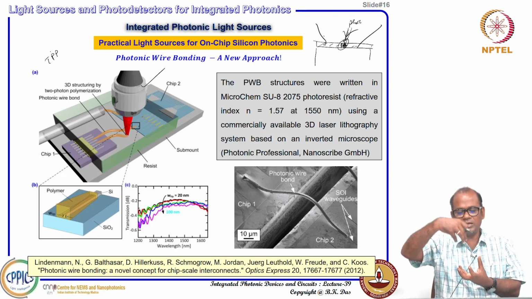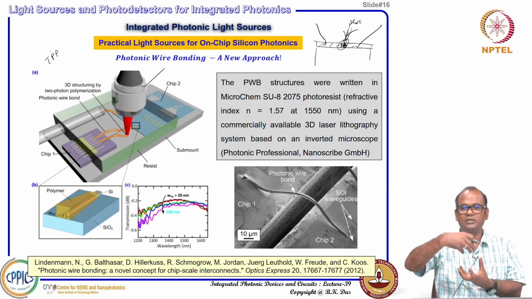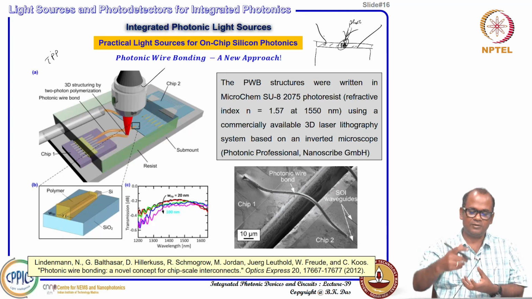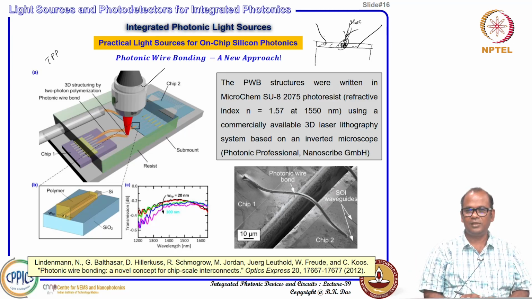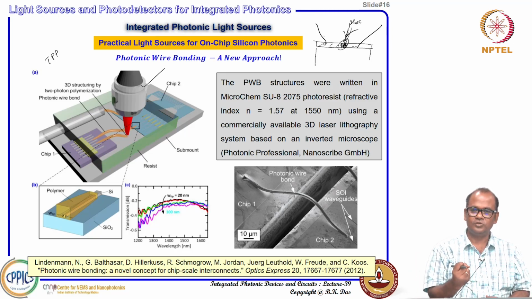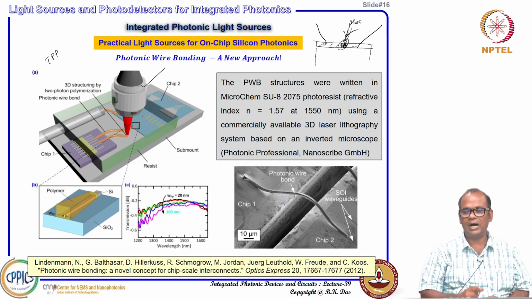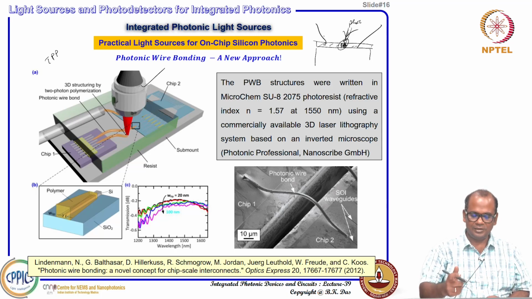So, when you focus a pulsed, high energy laser, 2 photons jointly transfer energy to the polymer molecule, and that polymer molecule will be modified and hardened.